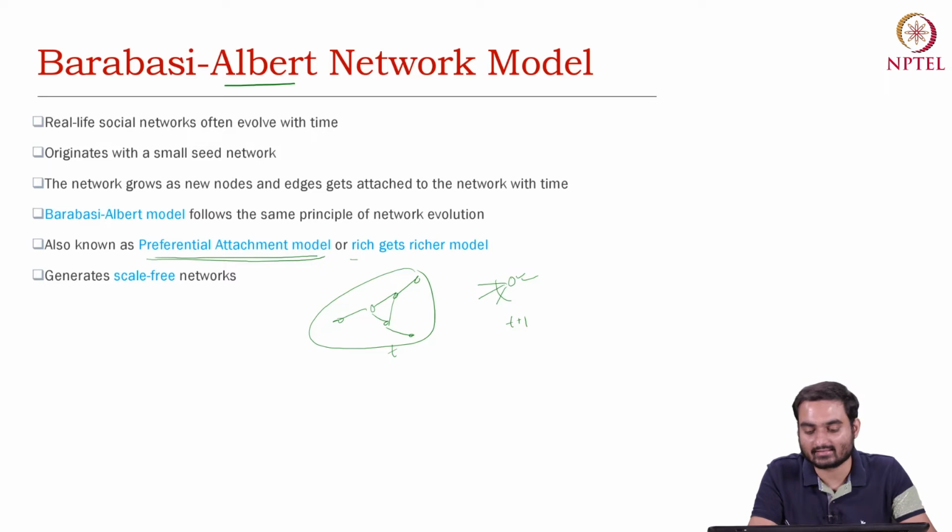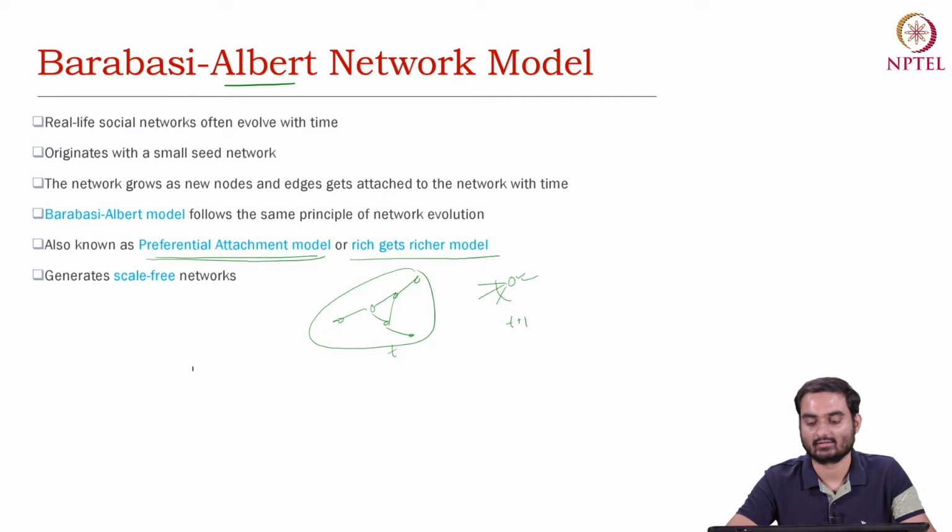This is also called the rich gets richer model, and the reason is simple. You allow yourself to be connected to a node which is already rich, in terms of degree. You give preference to those nodes which already have higher degree.